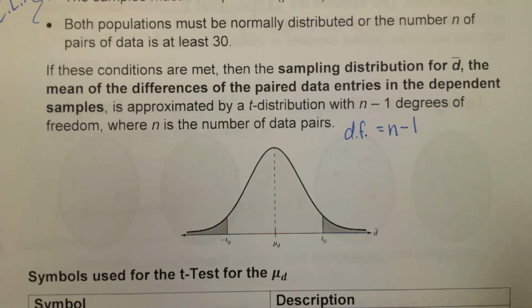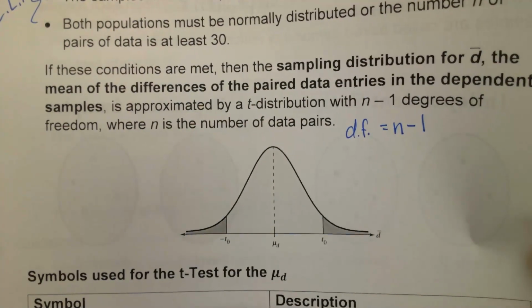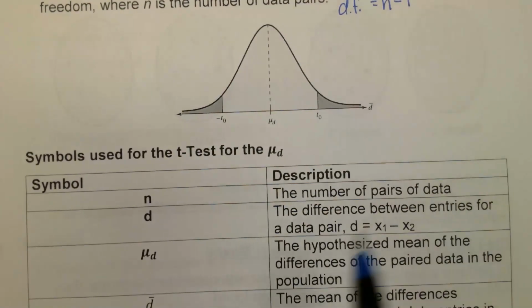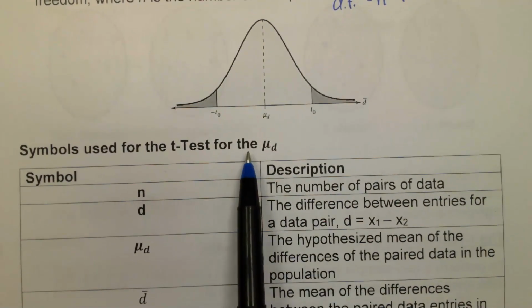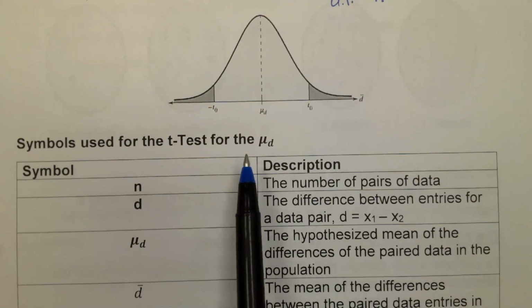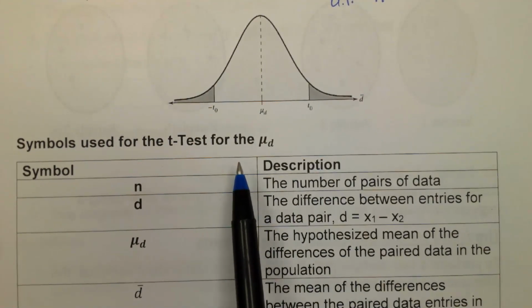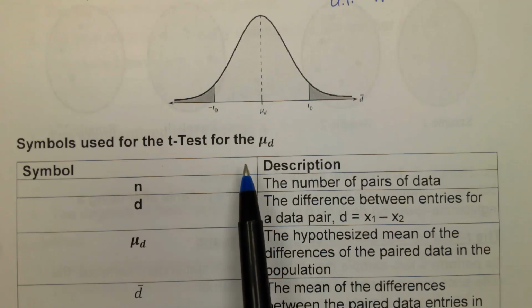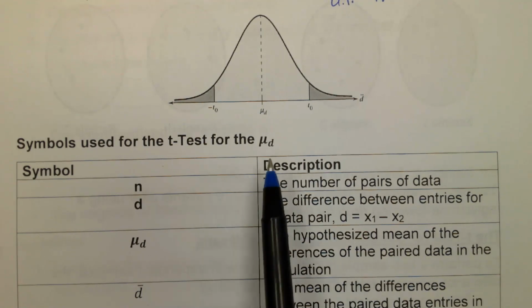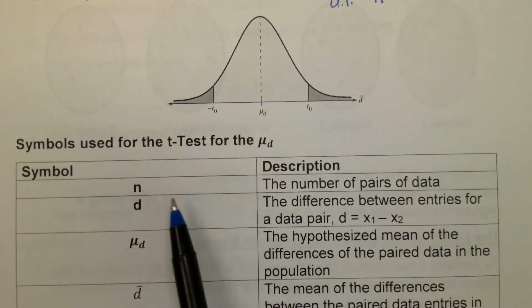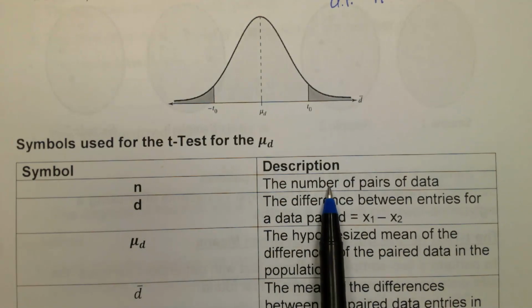So we're going to be using the t-test. Okay. Symbols used for the t-test for our dependent samples, the difference between means of our dependent samples. So n is the number of pairs of data.